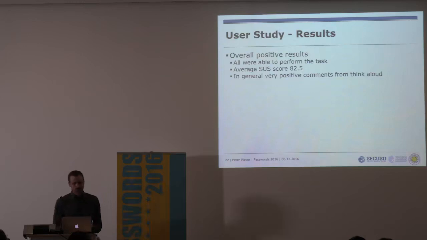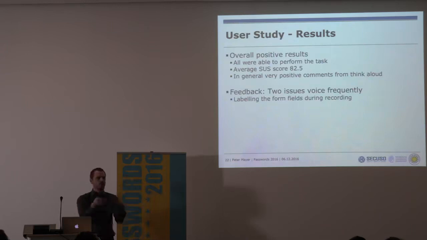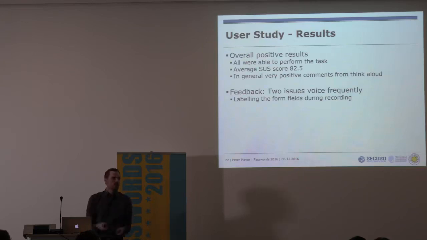But there also were mainly 2 issues that were voiced very frequently. And the first one was that people simply didn't like and didn't understand why they had to label these form fields, because the computer was showing them these form fields, and now they had to tell the computer what these form fields actually were.